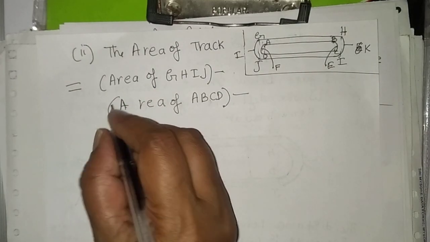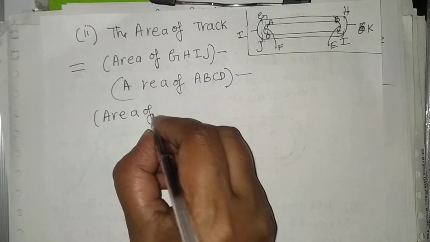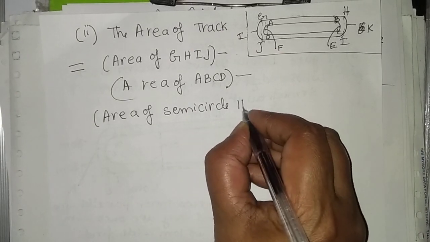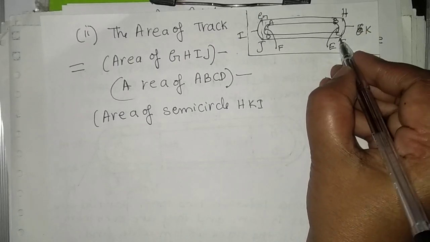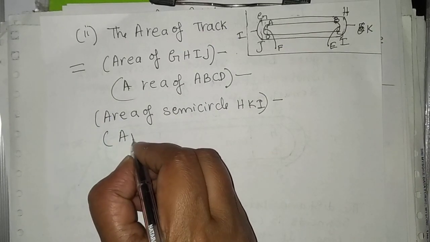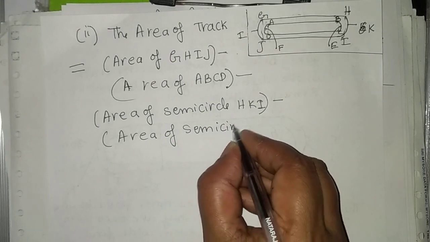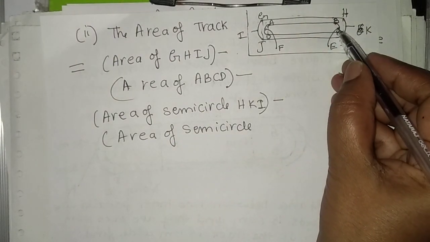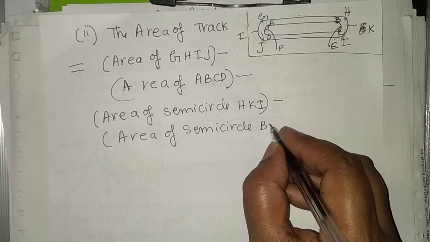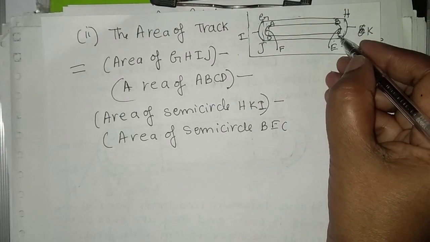Now we'll take the first pair of semicircles: the area of the semicircle HKI, the outer part, minus again the area of the semicircle BEC.